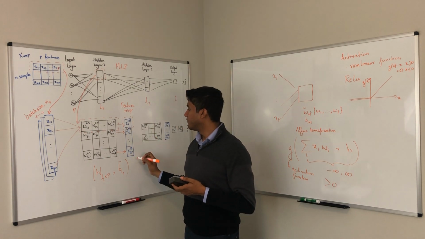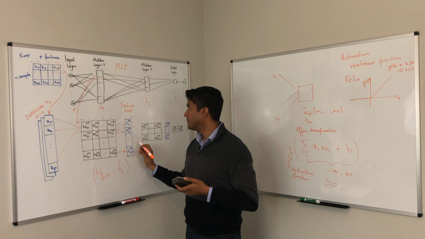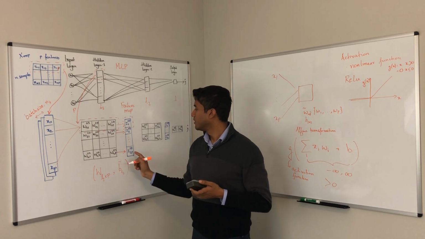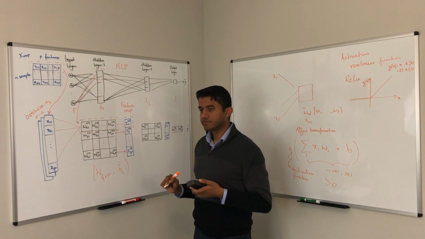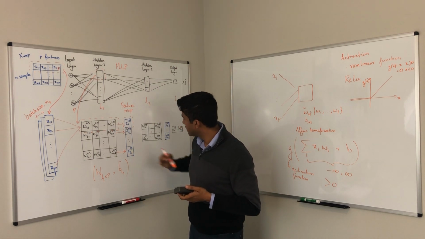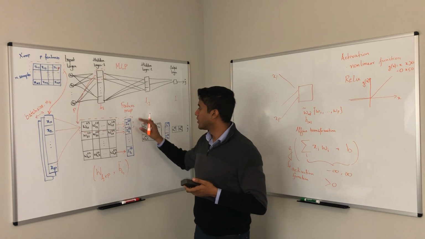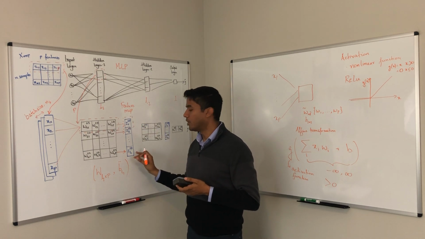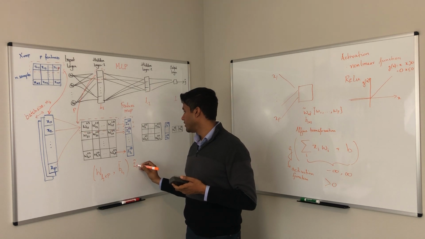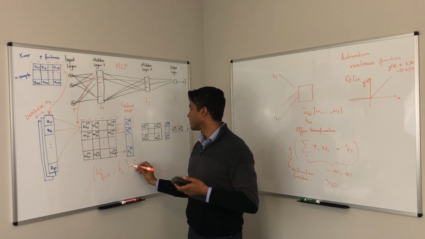The output of my first layer is a feature map of size L1. I don't know why I've written P here, it won't be here. So we have a feature map of size L1, a vector Z of size L1 as an output.